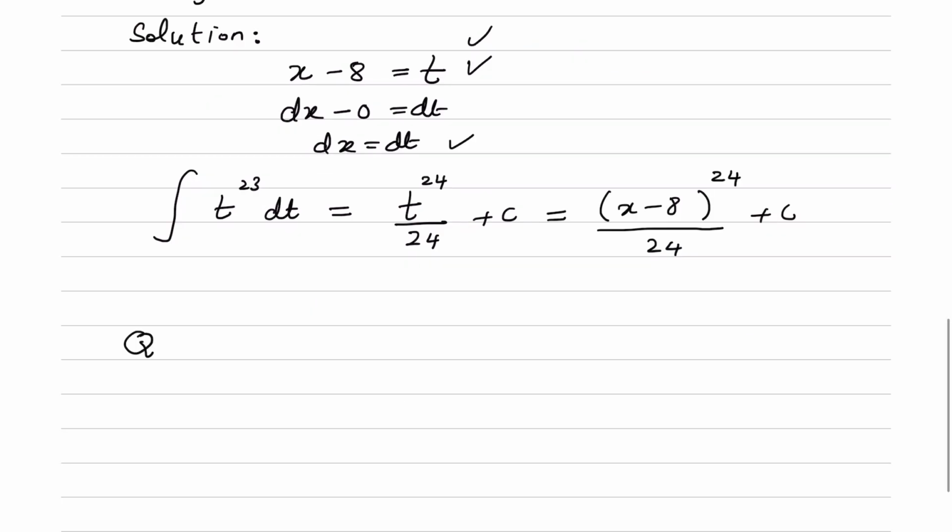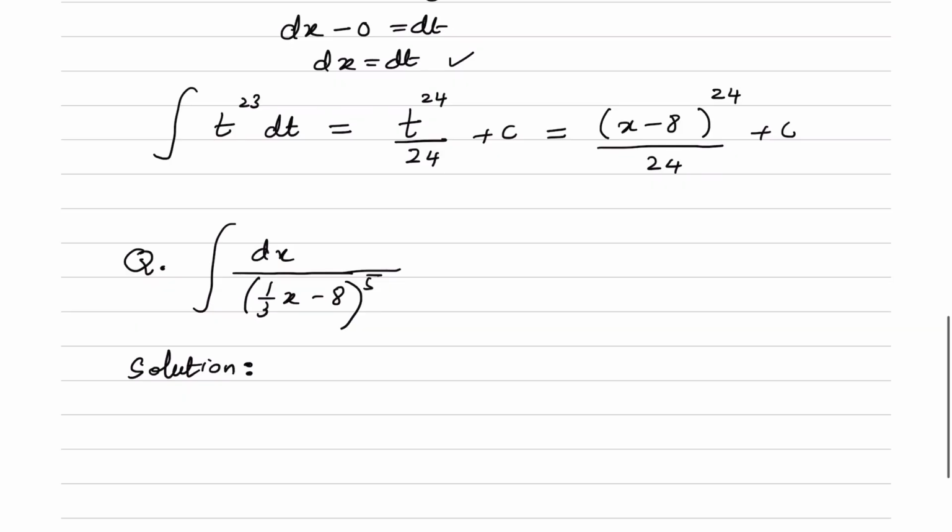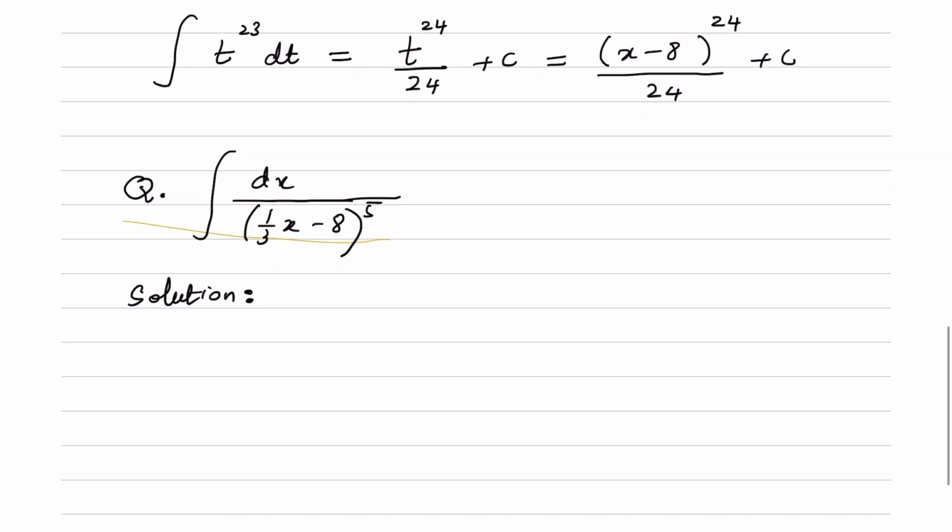Let's solve another problem. We have to integrate dx by 1 over 3x minus 8 to the whole power 5. There isn't any known formula that can help us solve this integral directly, so we will have to do substitution. What is the rule to pick the substitution?